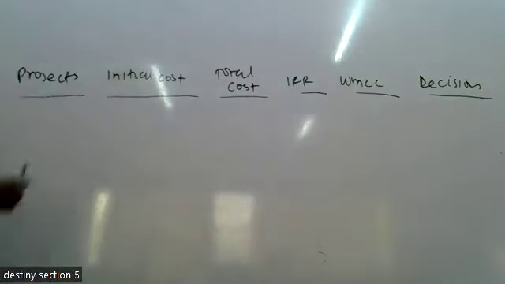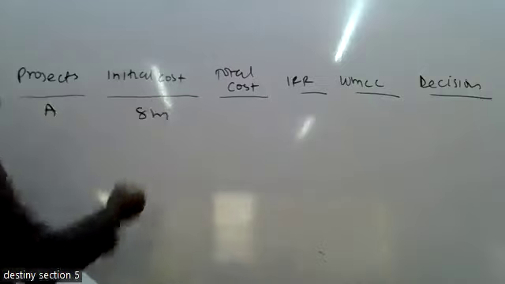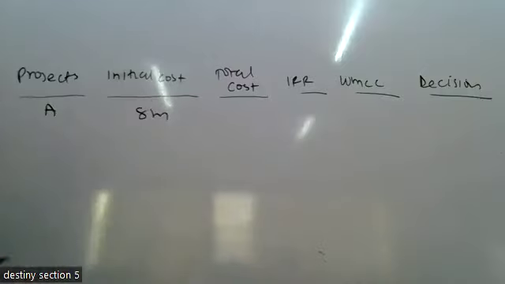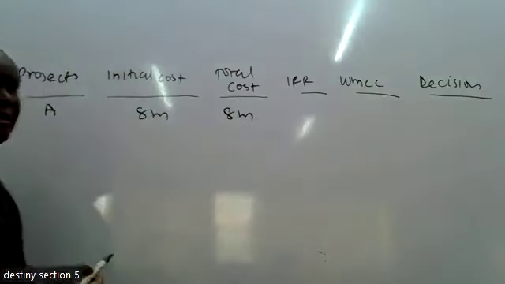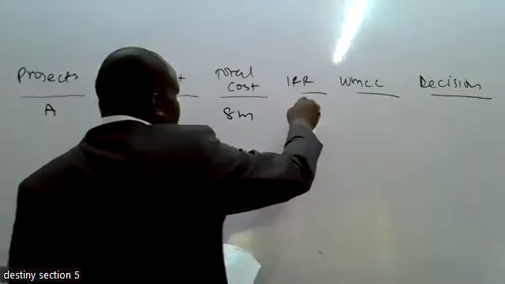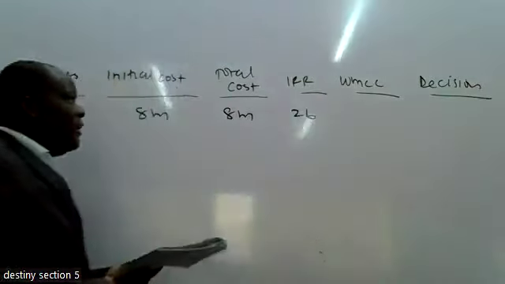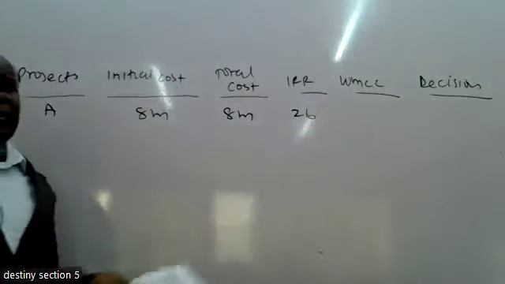So we start with project A. Project A had an initial cost of how much? 8 million. So total cost is the cumulative. So far, it will just remain 8 million. So IRR is given as 26. So for WMCC, you use the total cost, which is 8 million.